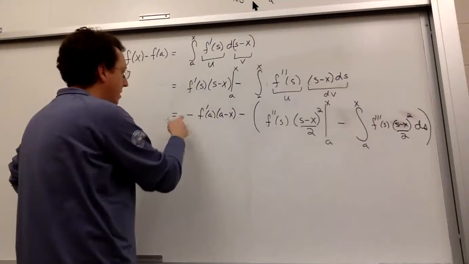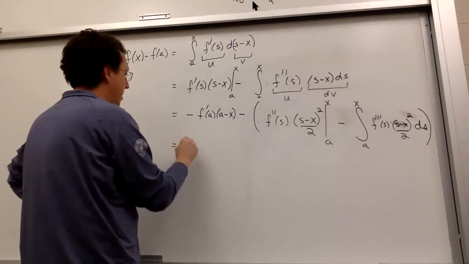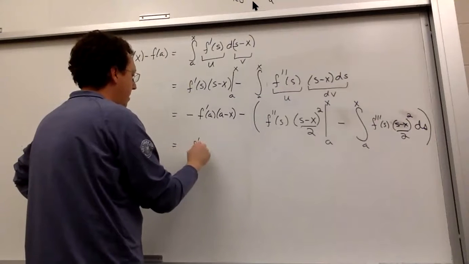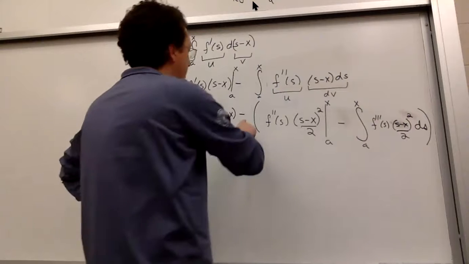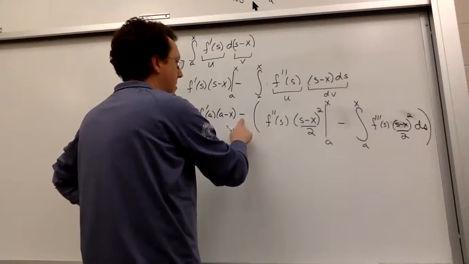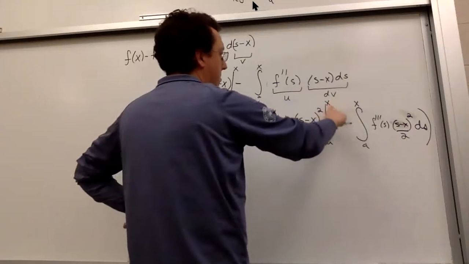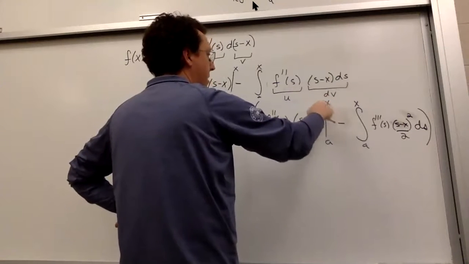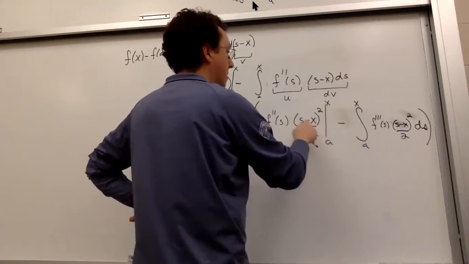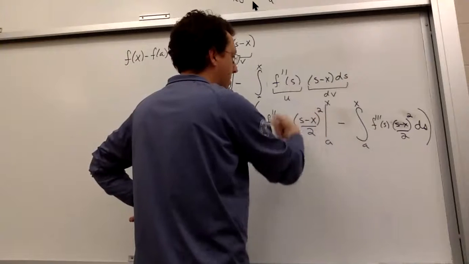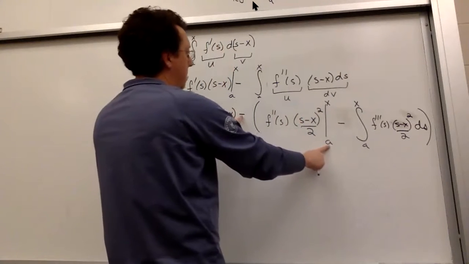So let's clean it up a little bit. Let's pull this minus sign in to here, and this is going to become f prime of a times x minus a. I just reversed the order. Now, this minus sign is going to need to be distributed in, but look what happens here. At the upper limit, when I plug in s equals x, this gives 0. So only the lower limit contributes. The part of this that contributes has a minus sign because of the lower limit, but you have to multiply by a minus sign.